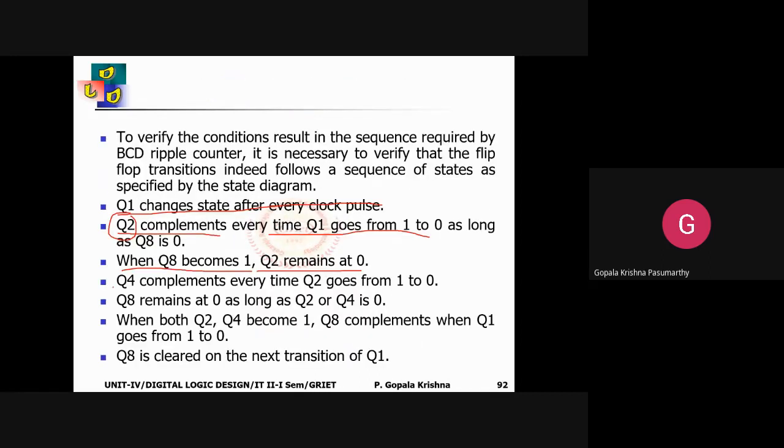Third flip flop means nothing but Q4. Q4 complements every time when Q2 goes from 1 to 0. Only a single rule. Q1 has only one rule, Q2 has two rules, Q4 is also having only one rule. What is the rule for Q4? Q4 complements every time when Q2 goes from 1 to 0.